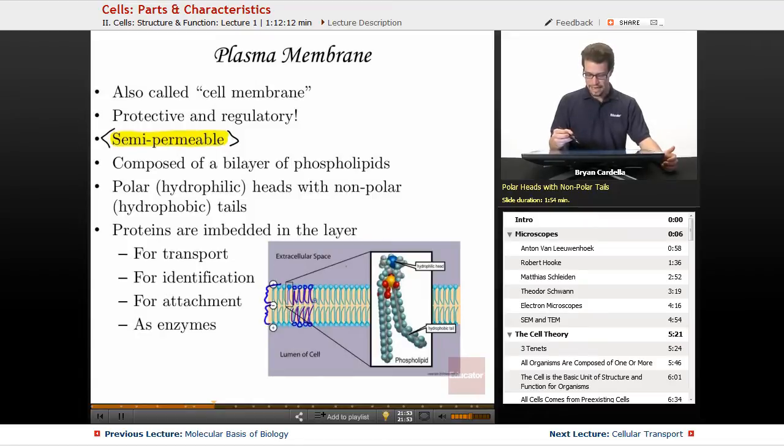The difference is that instead of a typical triglyceride, a glycerol and 3 fatty acid chains, there's just 2. And these are hydrocarbon or fatty acid tails. Taking the place of where that third one would be is actually a phosphate unit, which helps make up this hydrophilic head on this part and this part here.